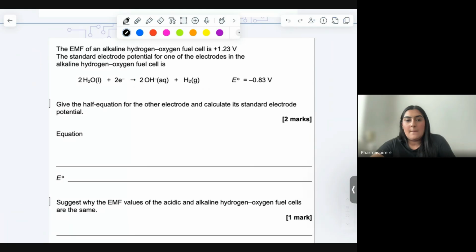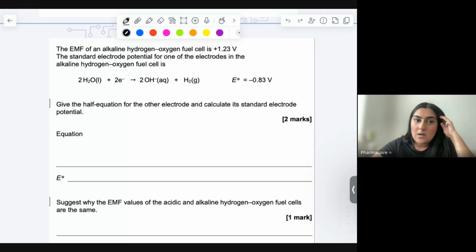Which one am I missing? Oxygen, yeah, you're missing your oxygen. You haven't got one that says O2, right? So you just write your O2 one now. How do you double check if that's right? Well, you need to know your same overall equation. So how would you write that?